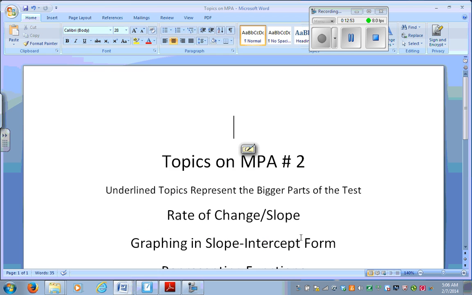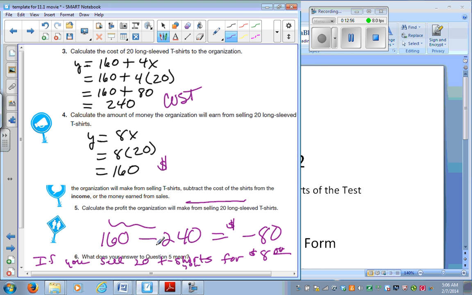I kind of ran out of room here, so I'll just go ahead and say it instead. So again, guys, what it means is if you sell 20 t-shirts for $8, you're actually going to end up losing $80. So that's not a great plan.